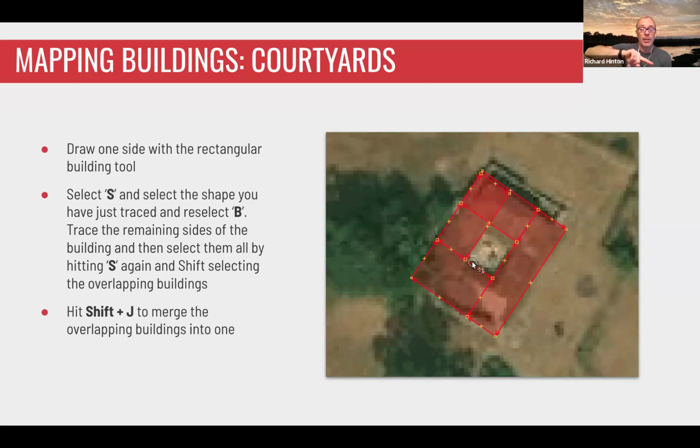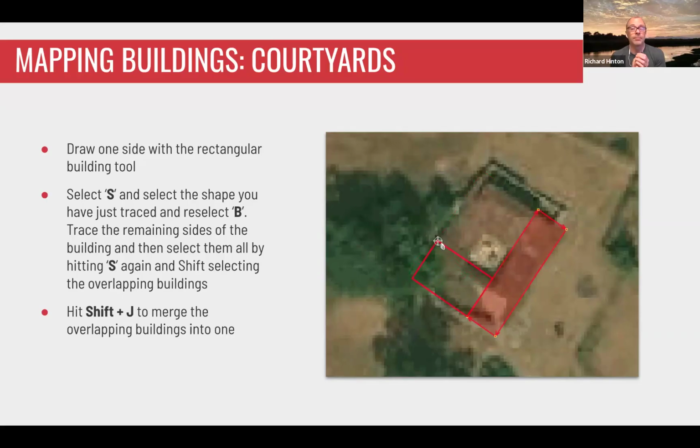Now, holding down the Shift key, we select all 4 buildings and use the merge tool, or shortcut is Shift J, and it actually makes one feature with an inner polygon for the courtyard and an outer polygon. Okay, there we are. Right, so it actually creates what they call a more complex geometric feature by using the building tool. All right, I'll demo that here in a second as well. All right, next slide, please.